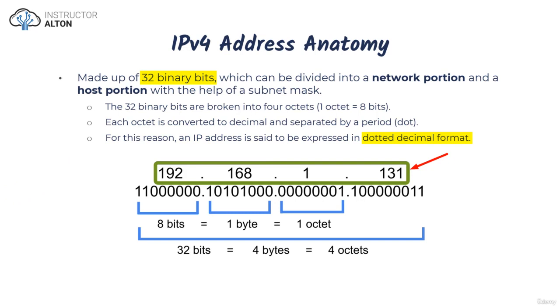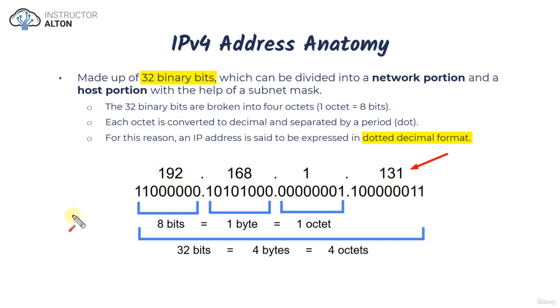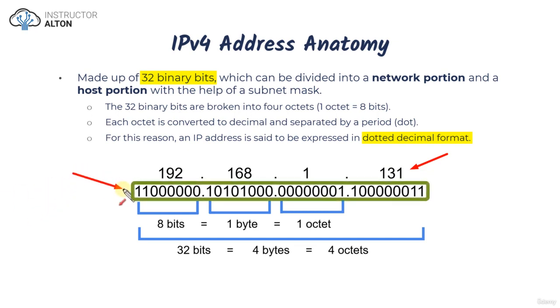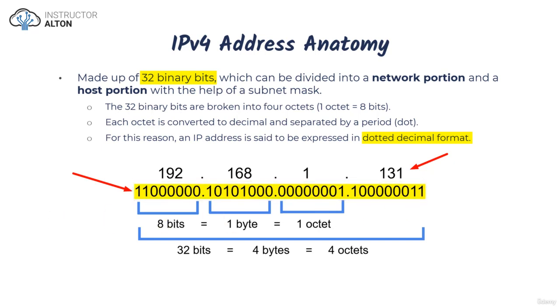But our computer converts it into binary. And so binary is going to be this. So it sees it as ones and zeros, whereas we see it in dotted decimal format, 192.168.1.131, for example.